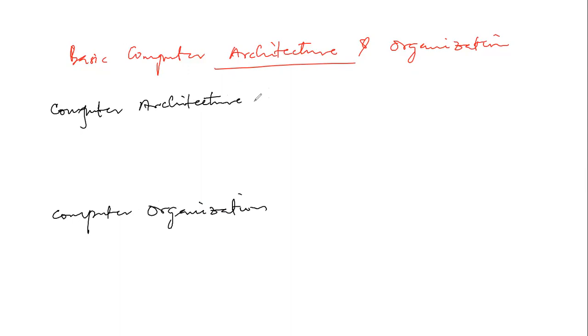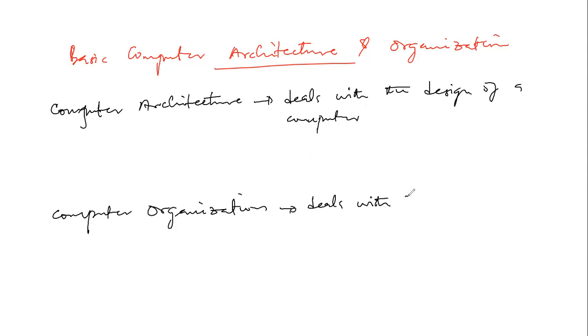So the architecture itself deals with the design of a computer, okay? While the organization itself, the computer organization, deals with the structural relationship.